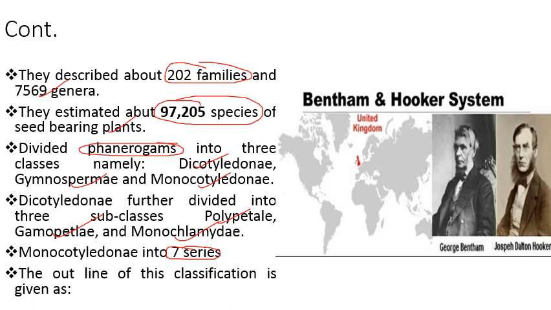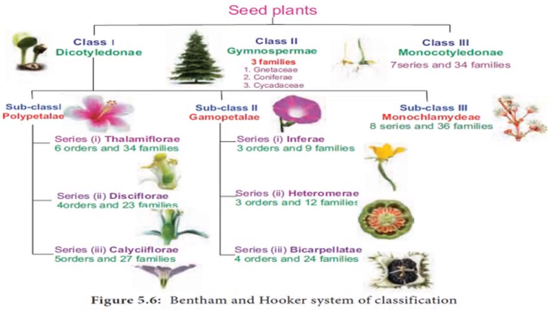So the outline of this classification is given as: firstly, seed plants, which are phanerogams, divided into 3 classes, that is Dicotyledonnae, Gymnosperm and Monocotyledonnae. So this Dicotyledonnae class is again divided into 3 subclasses, that is Polypetally, Gamopetally and Monoclamidae.